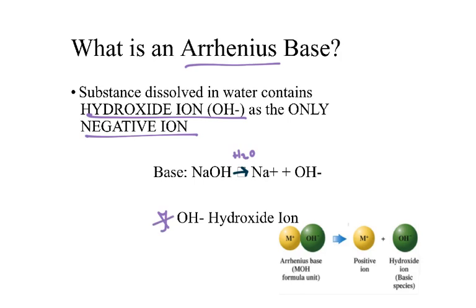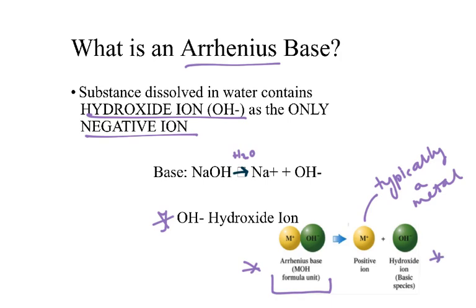OH is the hydroxide ion, also a polyatomic ion. Again, with this image here on the bottom, you can see the Arrhenius base breaks down into some positive ion that it is bonded with, typically a metal. And it's always going to produce hydroxide as your basic species, as your negative ion.